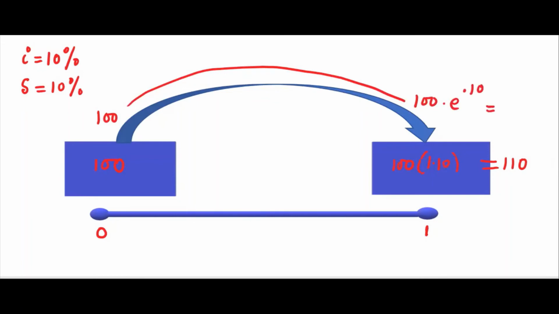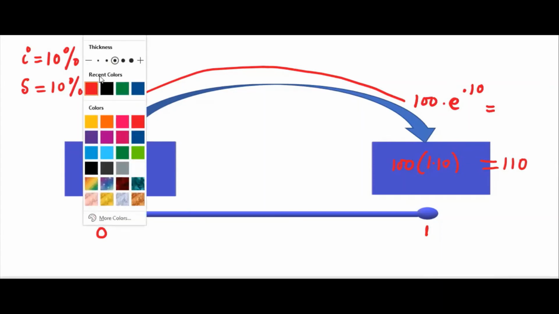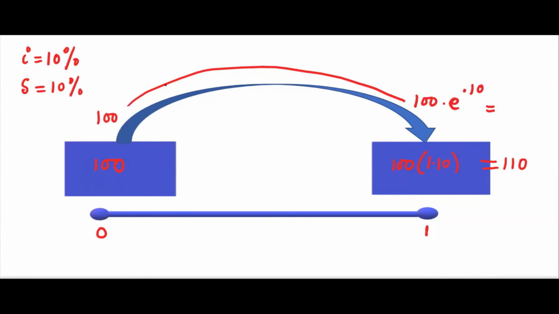We can use a calculator and find its value. However, corresponding to i 10%, if you find delta and use that delta, you get 110. Here you will not get 110 because i 10% is not equivalent to delta 10%. i 10% is equivalent to delta 9.53%.